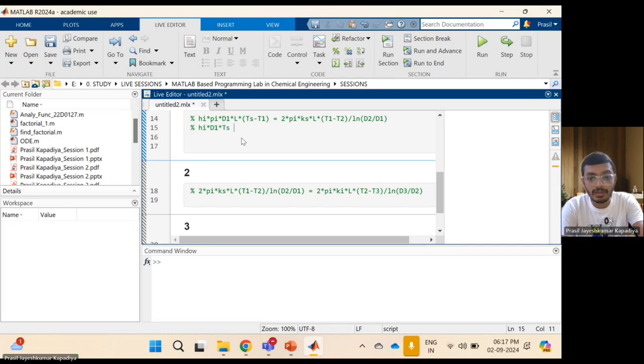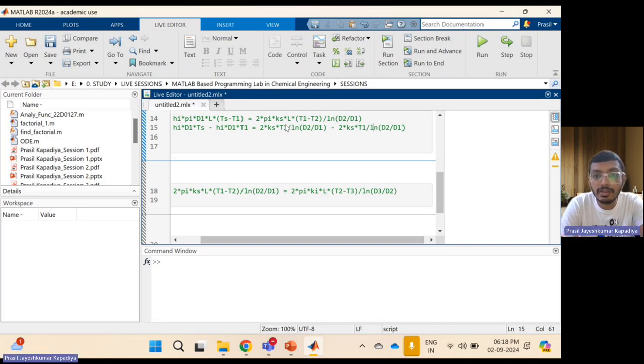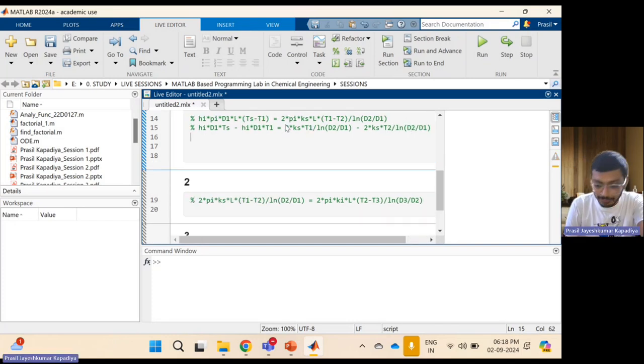First term minus Hi into D1 into T1 is equal to, let's write down first equation, 2 into Ks into T1 divided by this term ln D2 by D1 minus same term but with T2, correct? T2.